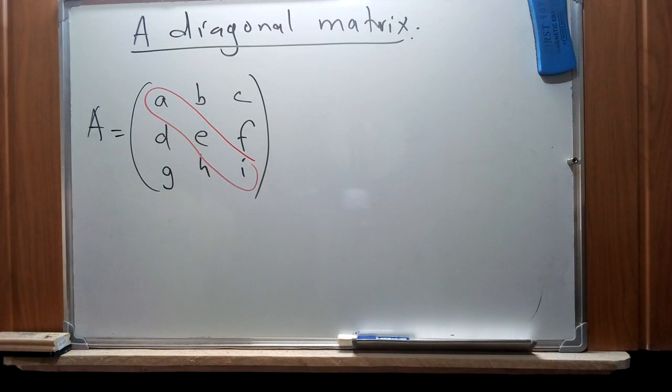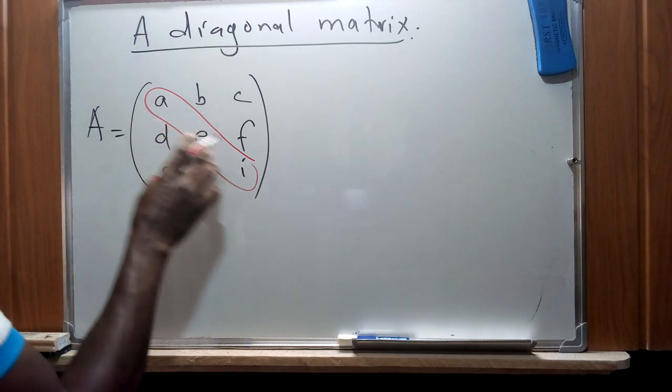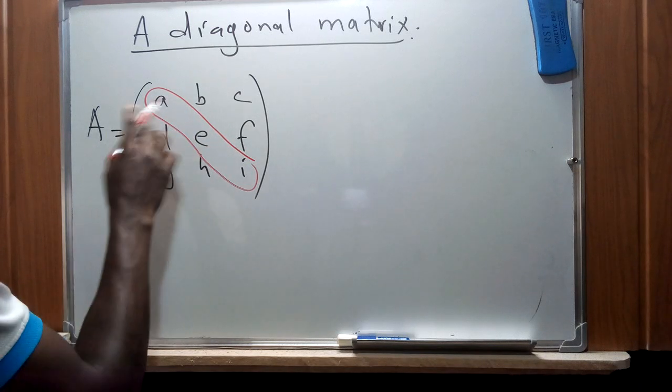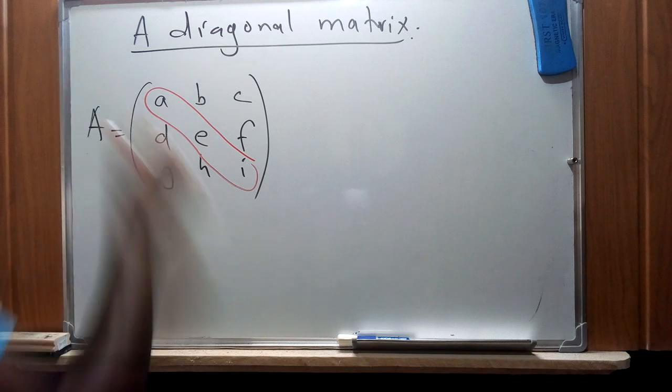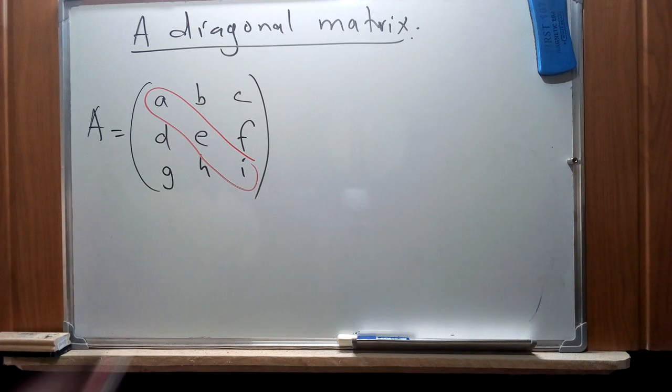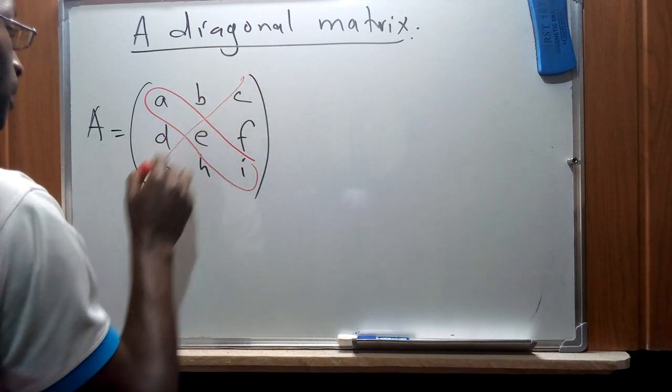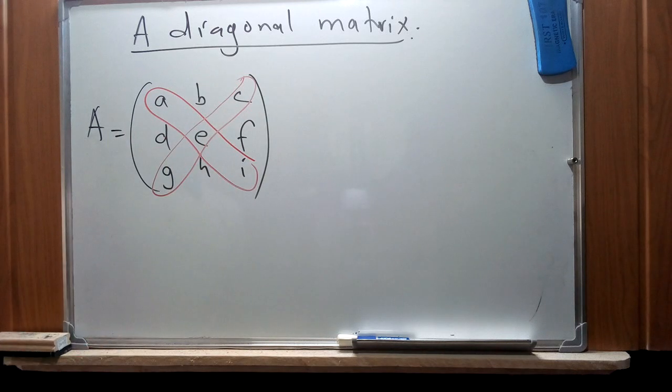In this case we can have characters A, E, I, or elements A, E, I lying along that diagonal from the top left to the bottom right. Similarly, we can have C, E, G, lying from the top right to the bottom left.